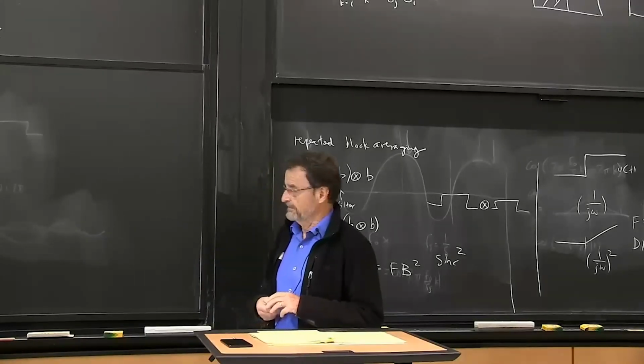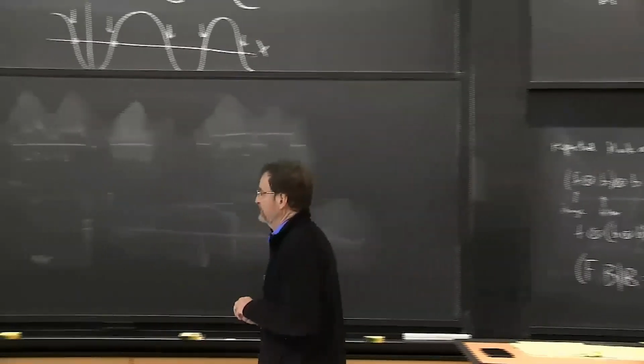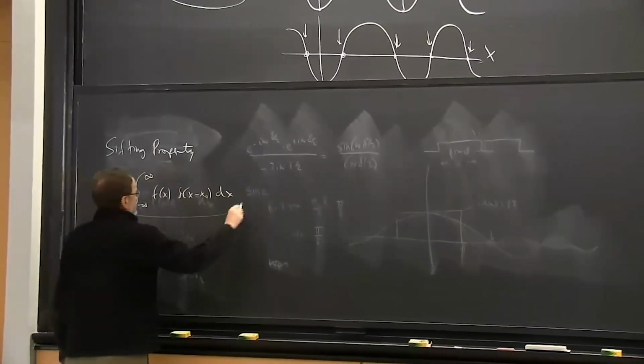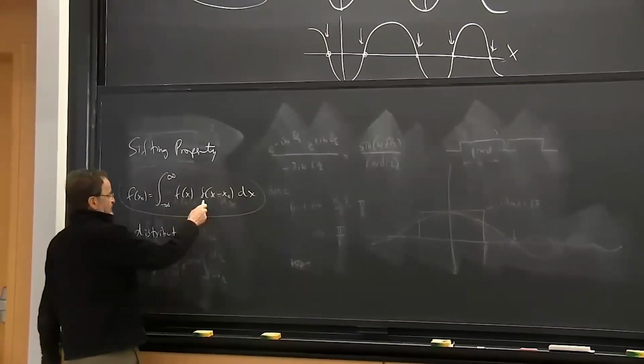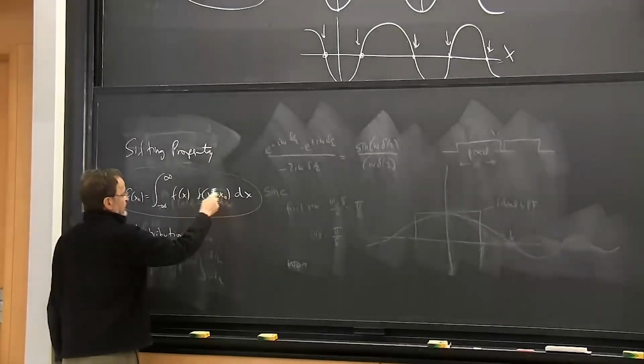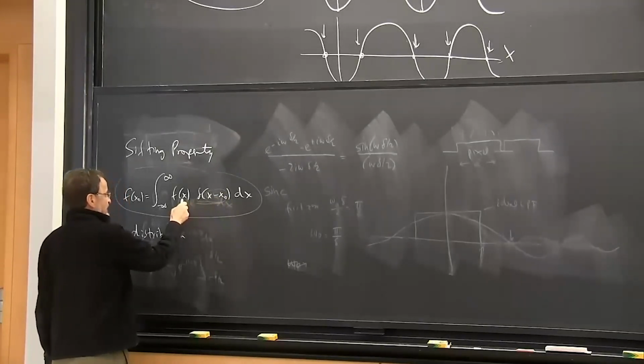So how do we deal with the peculiar nature of the unit impulse? Well, this is the way. This is how it's defined. This is its property. And it sort of makes sense because supposedly this is 0 everywhere except where its argument is 0. And so the only place that matters is x equals x0. So the only value of f that matters is f of x0.